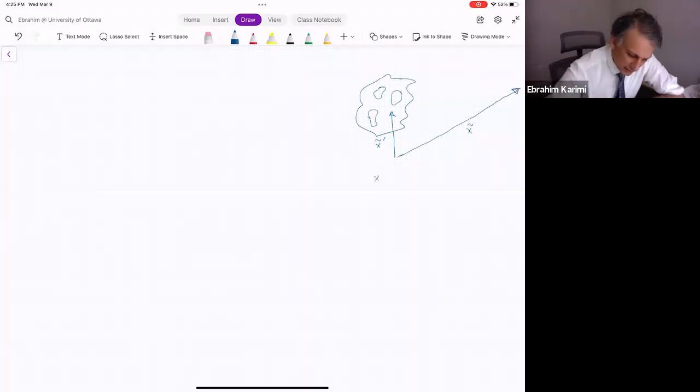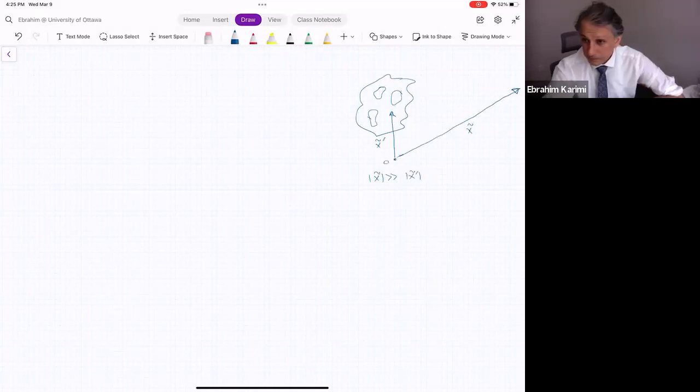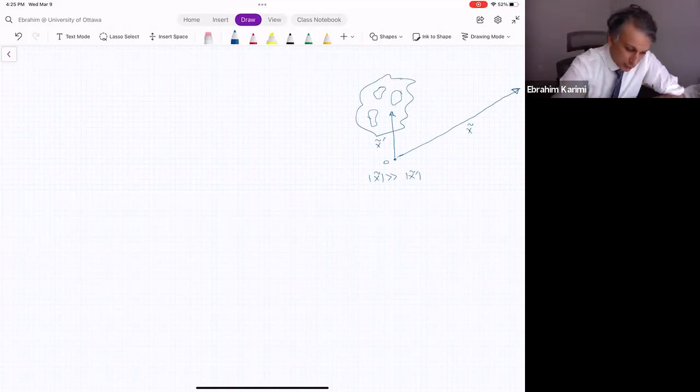So X is greater than X prime. Okay. Let's solve this for two different cases, one in cylindrical coordinates, one in spherical coordinates. Let's do that and see what we will get as a potential in that place.